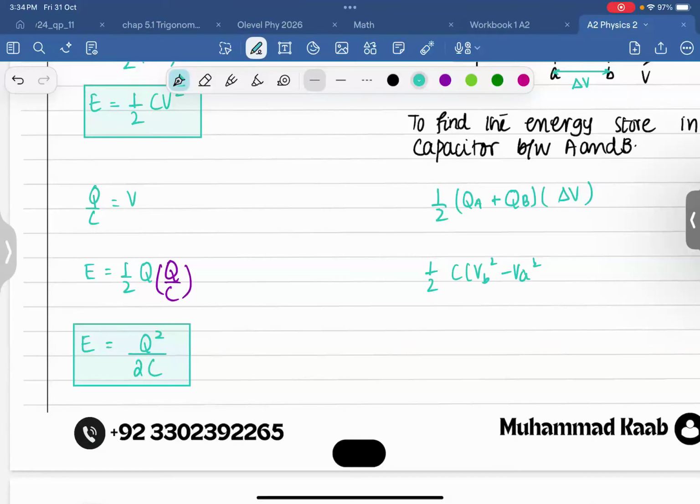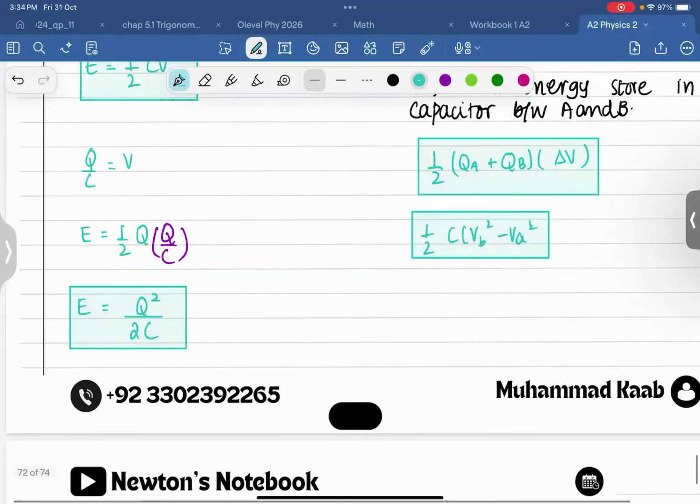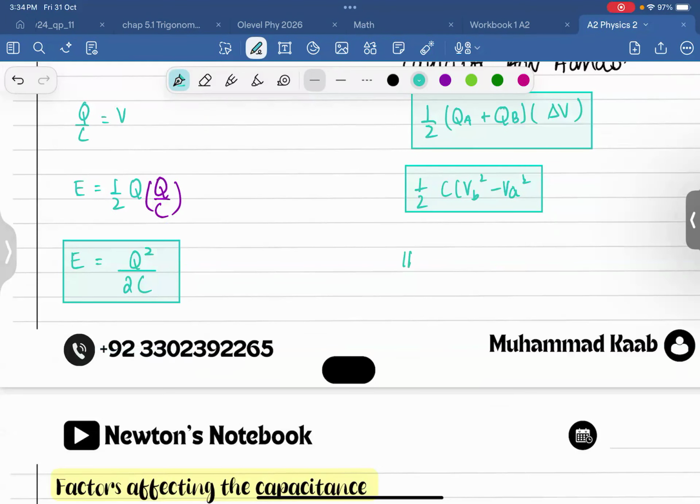So these are the formulas for the change in energy.